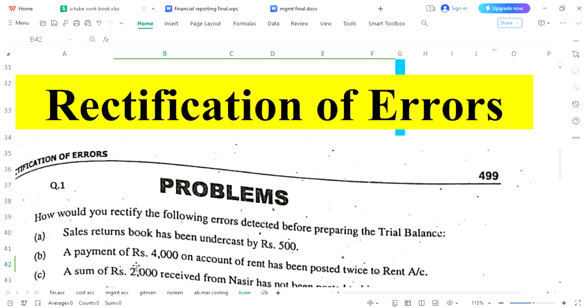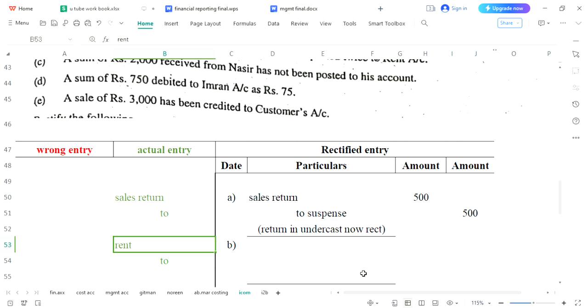What is said? Payment of rupees 4,000 on account of rent has been posted twice. That means you have written 2 times. It means it is overcast. You were required to write rent only for a single time, but you have written rent for 2 times. One time is extra, that is overcast. In overcast, we use the opposite place.